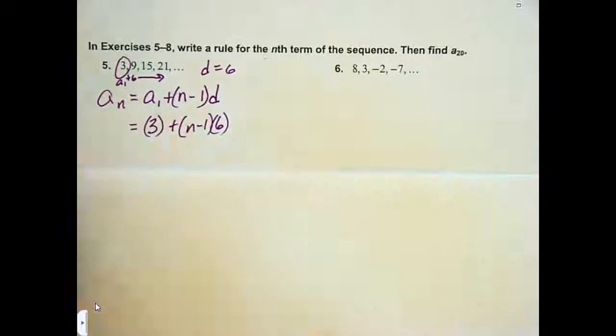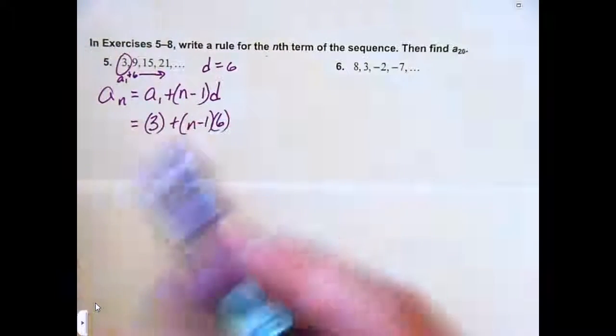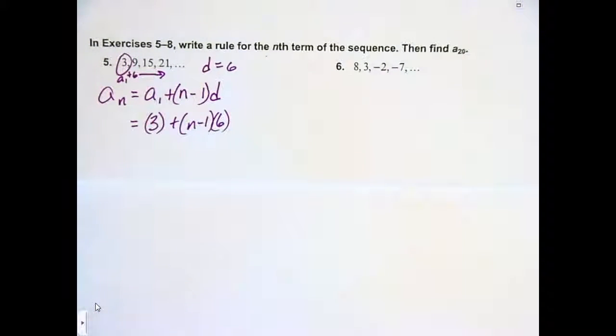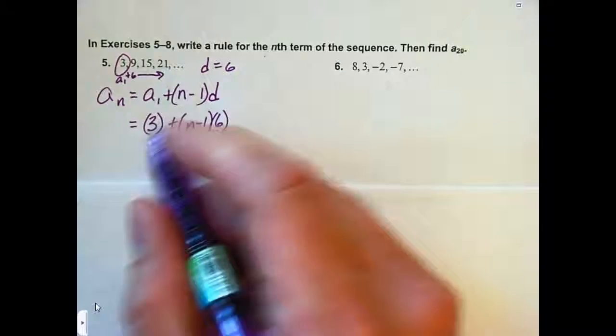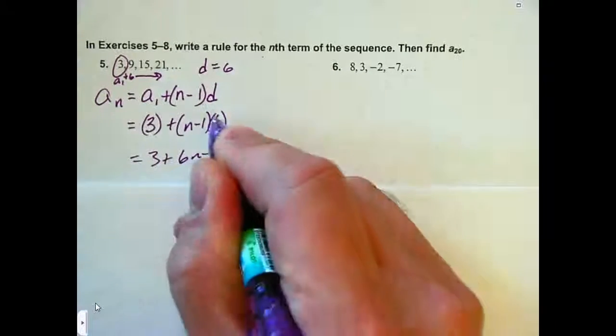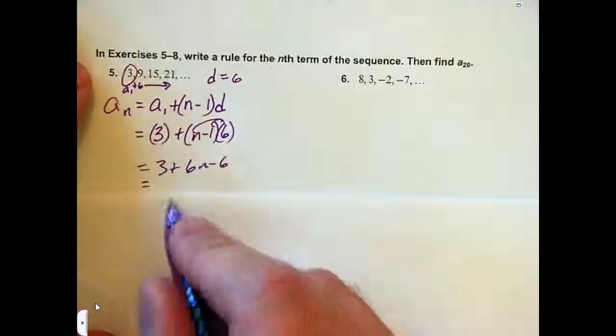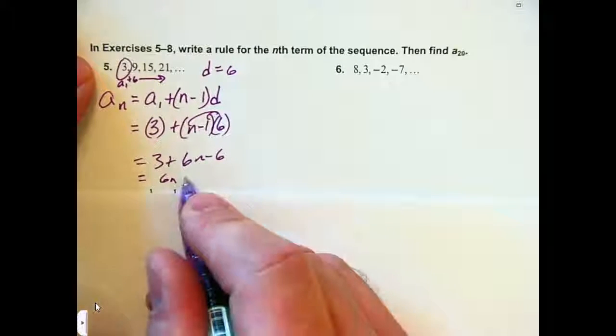Now, they won't always give you both of those pieces. Sometimes they'll tell you n, but we'll see that on the next page. Okay, we've got 3 plus 6n minus 6 if we distribute, which gives us 6n minus 3.